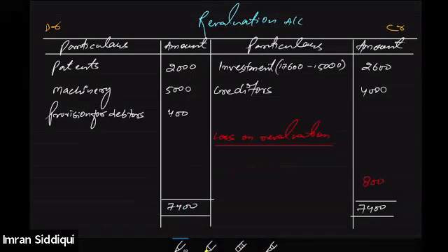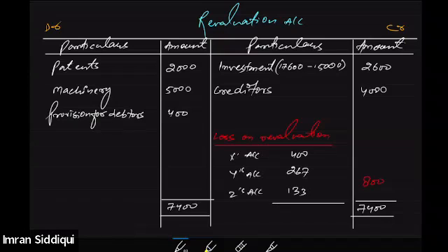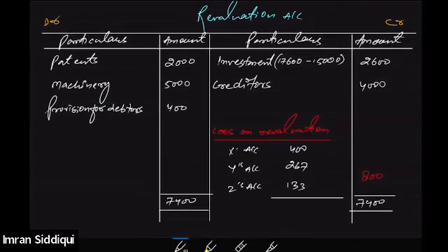Loss on revaluation will be distributed among the partners X, Y, and Z. Their accounts will be debited by 400, I think 267, and 133. Right? Is that clear? Yes, sir. Okay. So this is the revaluation account. We are done with the revaluation account.